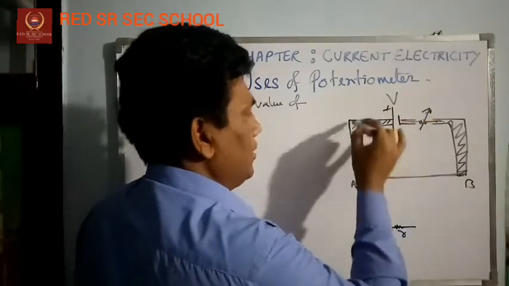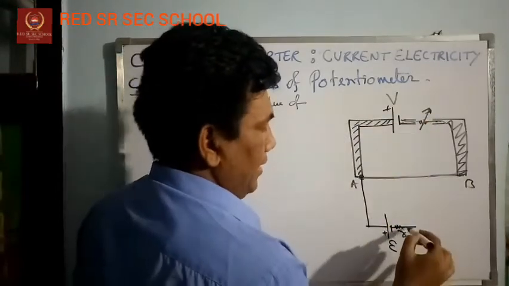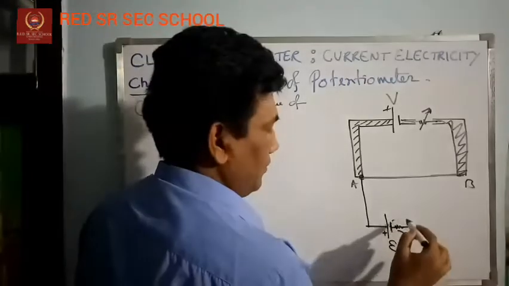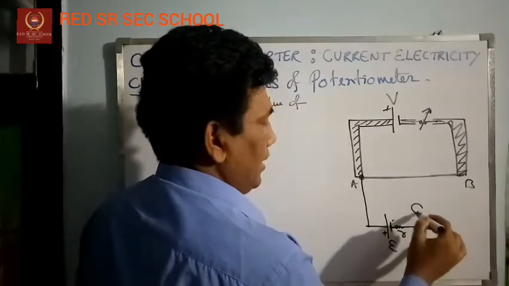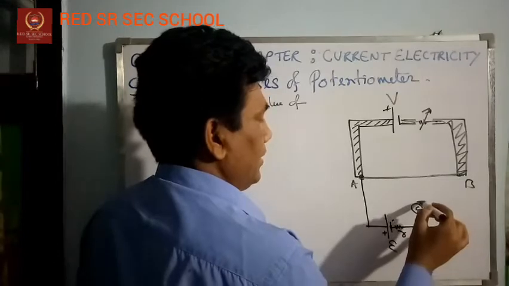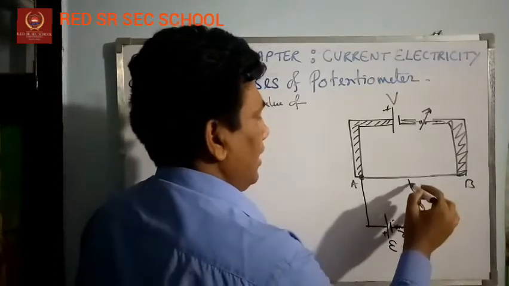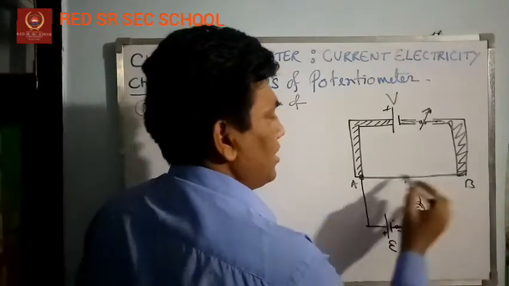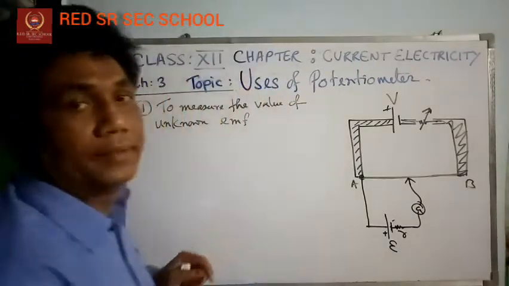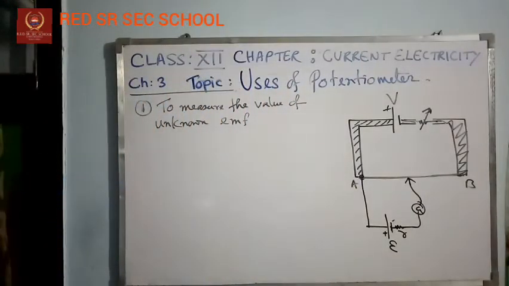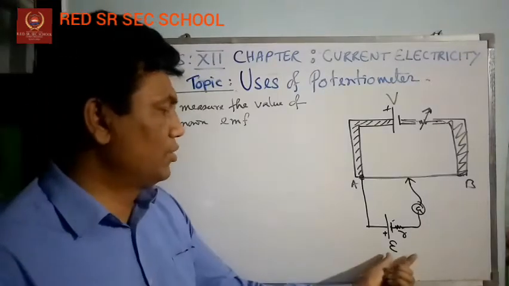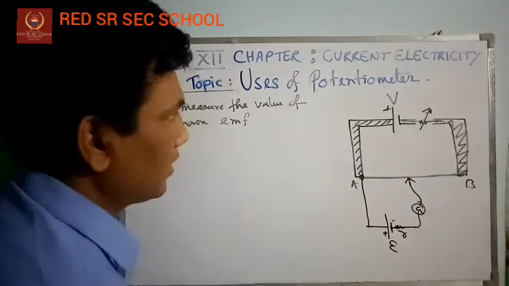This is positive, no? And connect the negative terminal of the cell through a resistor and a galvanometer to a jockey, and place the jockey here, which can be slid over the wire. Are you getting my point? So this is the basic setup of the potentiometer to measure the EMF of an unknown cell.